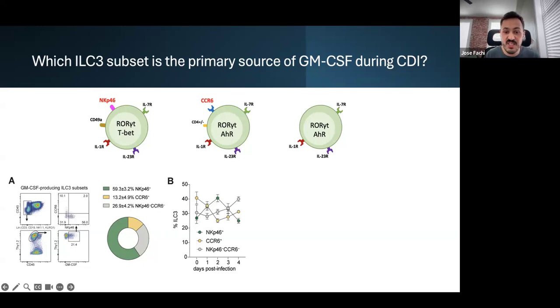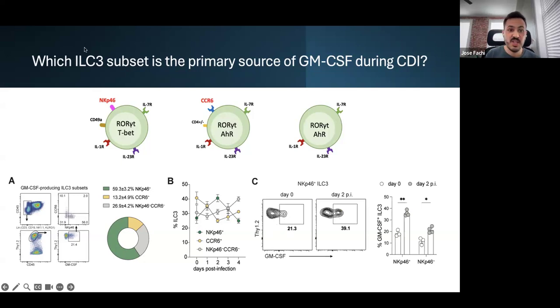So it suggests that double negative and CCR6 positive are important for the late phase, and NKp46 positive ILC3s are important for the early phase. Comparing the GM-CSF level on day 0 and day 2, you can see that the NKp46 positive ILC3s are the main ones producing GM-CSF, and not the negative ones.